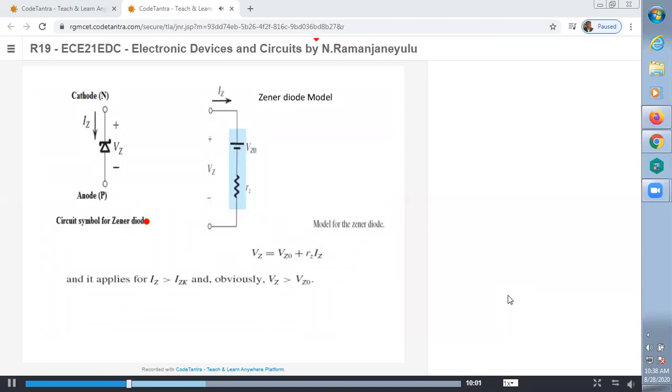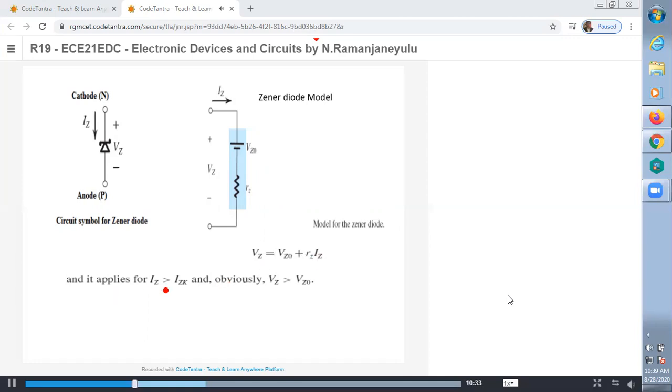Again, the same thing is repeated here. This is the Zener diode symbol, and the equivalent model has voltage VZ and current IZ. Here is the fixed voltage VZ naught, the voltage where the Zener current begins to conduct, and RZ, because there is a small slope. This is due to RZ, and VZ is equal to VZ naught plus IZ into RZ.